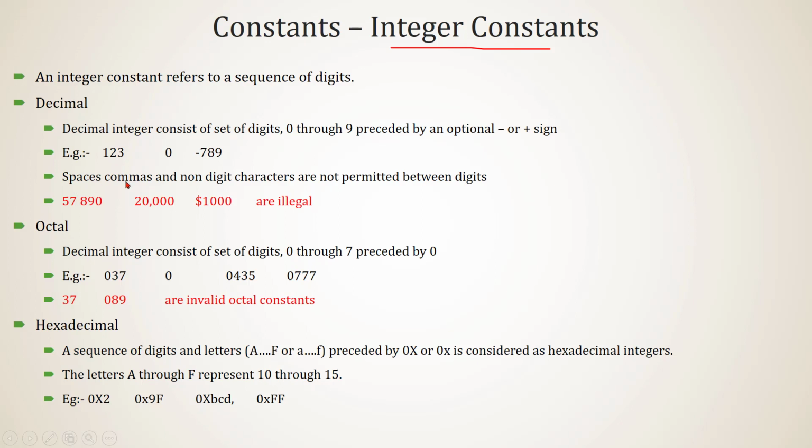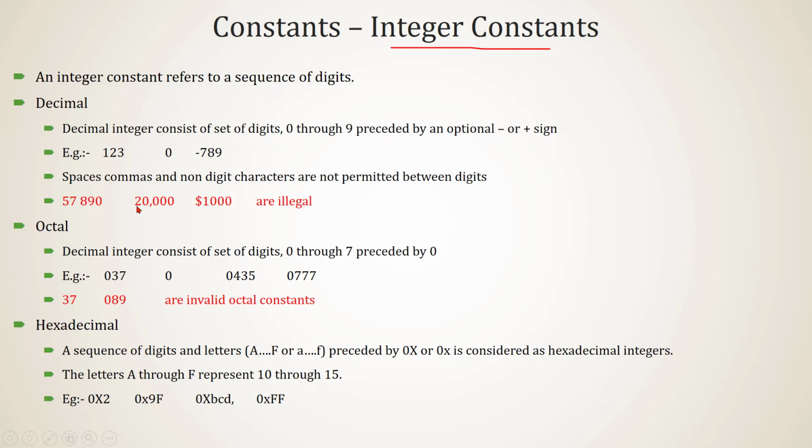One more point: spaces, commas and non-digit characters are not permitted between digits. Examples of decimal constants are 123, 0, minus 789. But here I have written 57, then a space, then 890. It will not be considered 57,890 because in C, space is not allowed in a decimal constant.